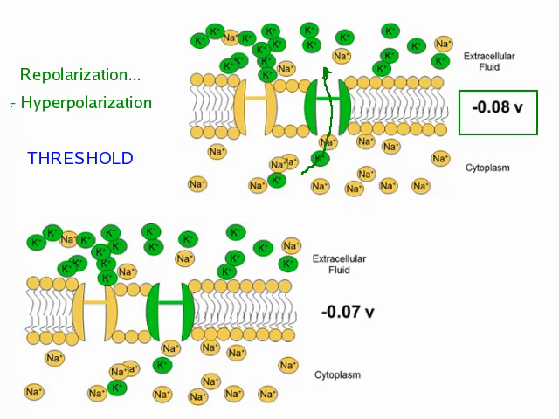We have these thresholds within action potential generations as well, and those thresholds are meant to prevent misfirings. Threshold for an action potential is negative 60 millivolts.